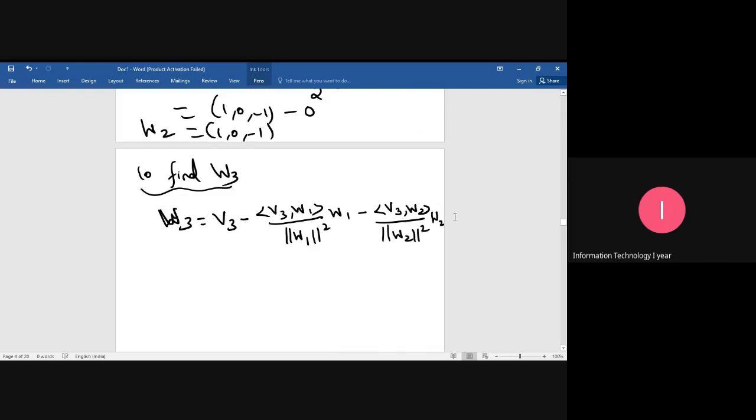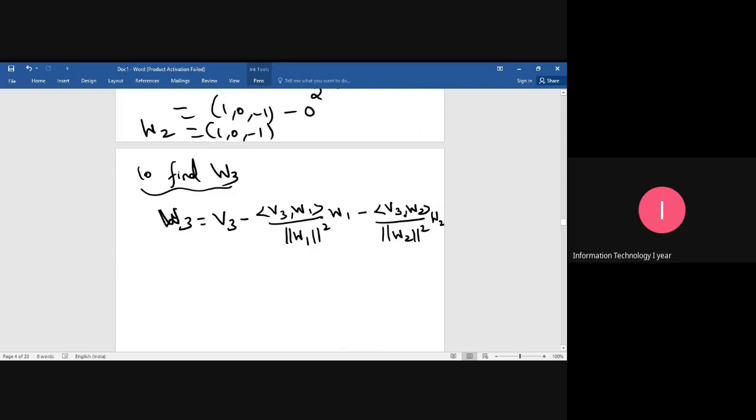This is the formula for W3. V3 is the given vector, we can substitute it. But the inner product of V3 comma W1 we need to find out. Norm W1 square, from the previous step we can take it. W1 is also we can take it.